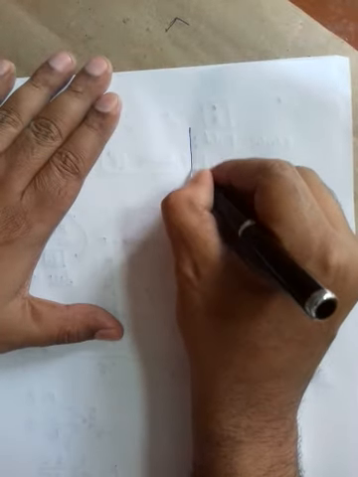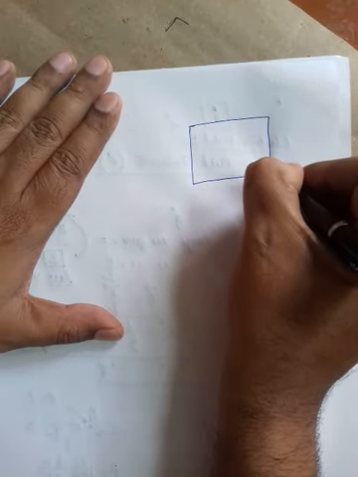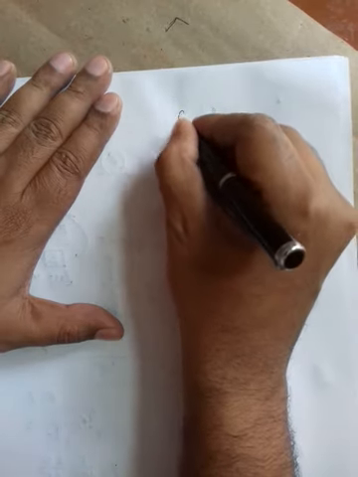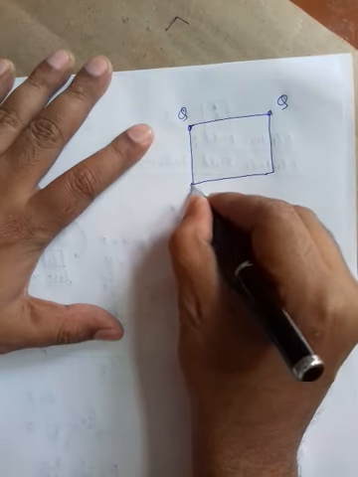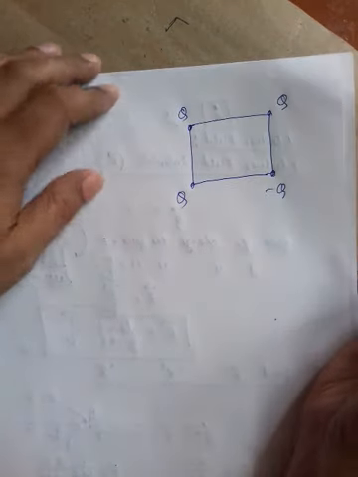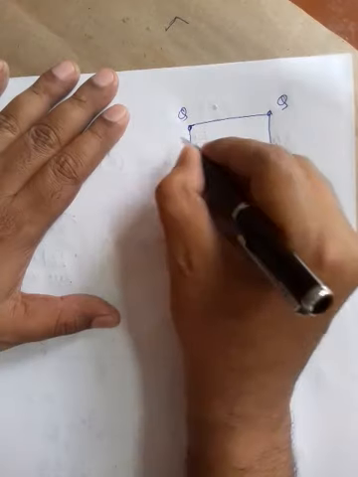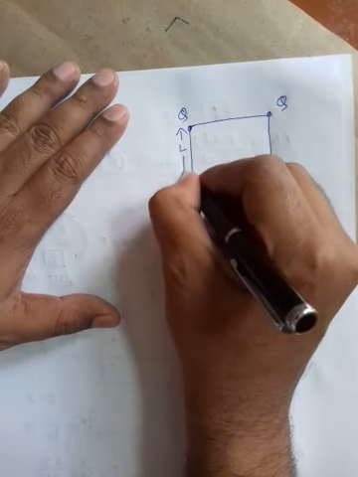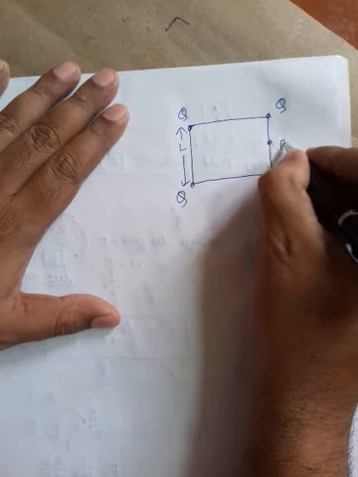I am just showing one question now. Say this is a combination of 4 point charges: plus q here, plus q here, plus q here, and minus q here. I am just writing charges at my choice. Say the side is L. Say P is the midpoint of one side.